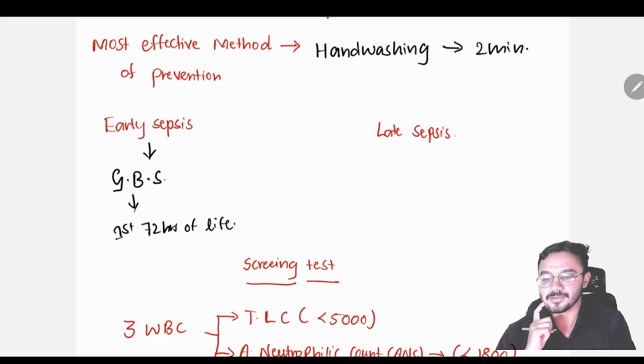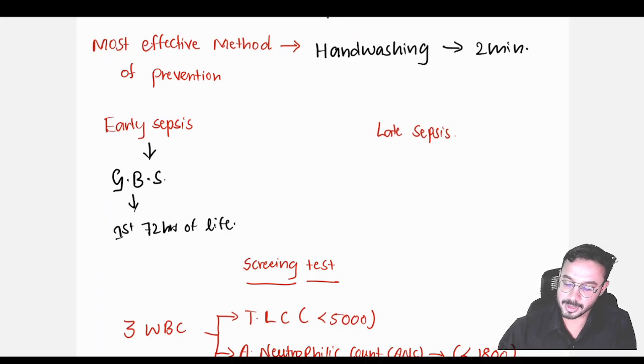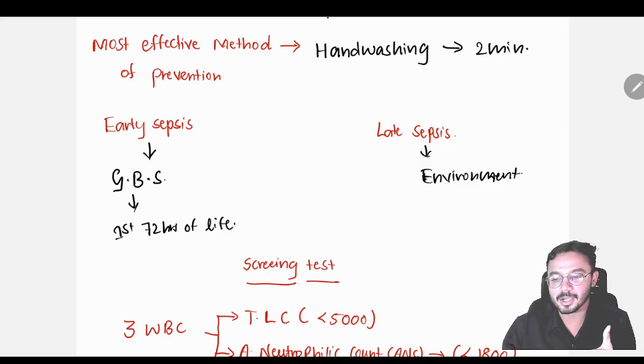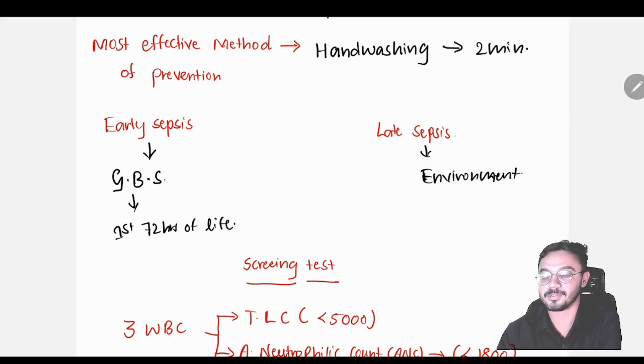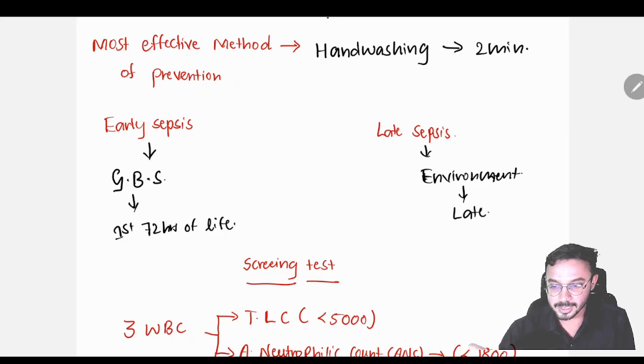If there is any infection from the maternal genital tract, that leads to early onset sepsis. Late onset sepsis is after 72 hours, and that is from the environment. If the baby is in the ward, and the ward is not clean, and after delivery, after 72 hours, the baby gets the infection, that is late onset sepsis. So this is about early onset sepsis and late onset sepsis.